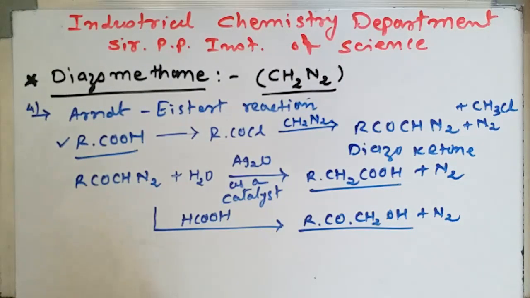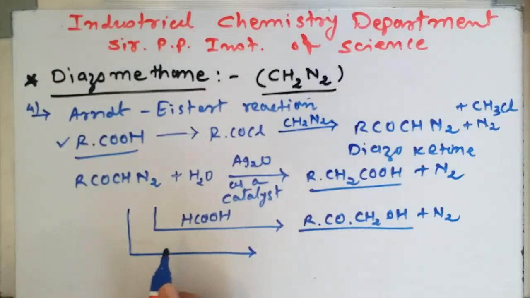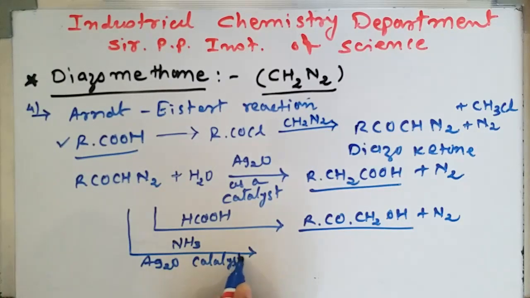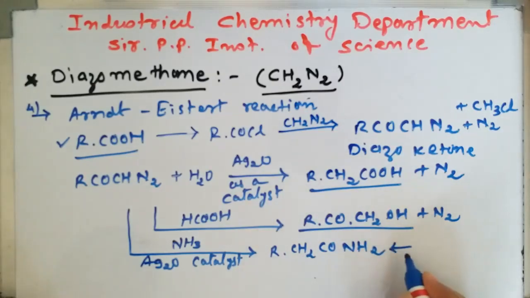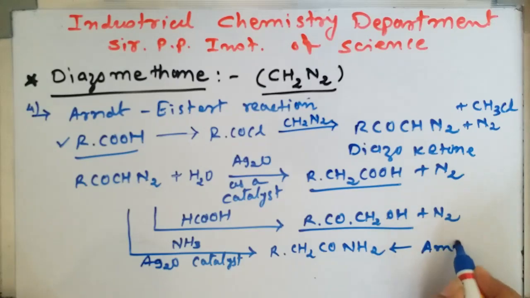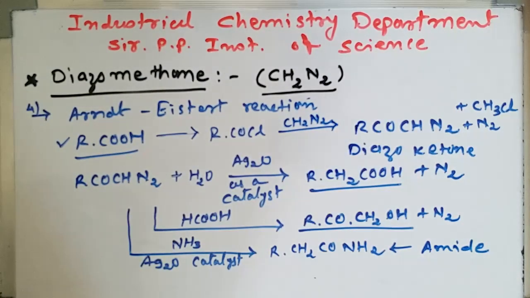When this diazoketone is treated with ammonia, NH3, and Ag2O as catalyst, it is converted into RCH2CONH2, and this compound is an amide.